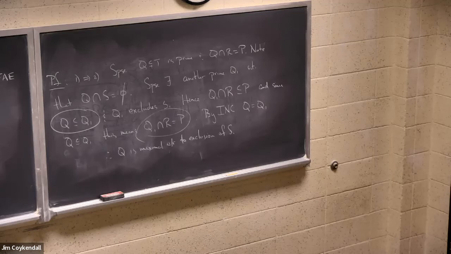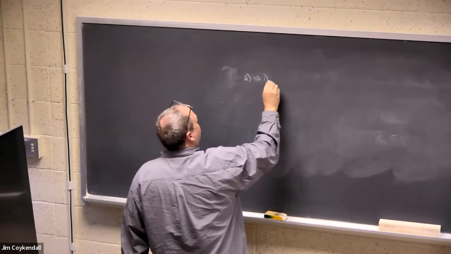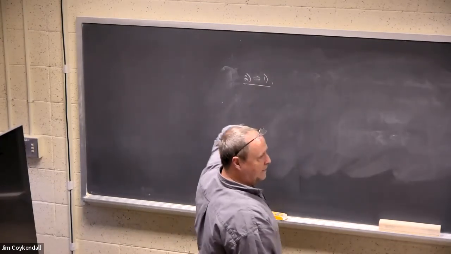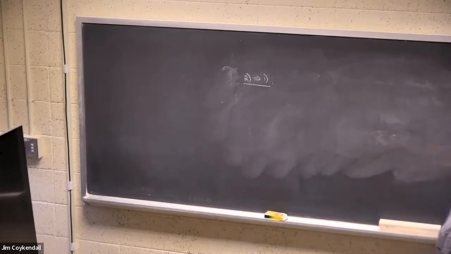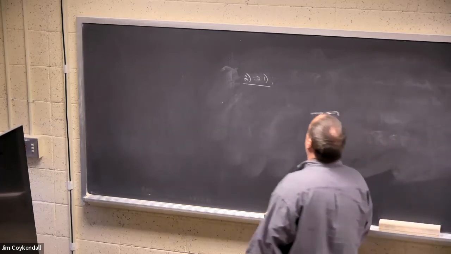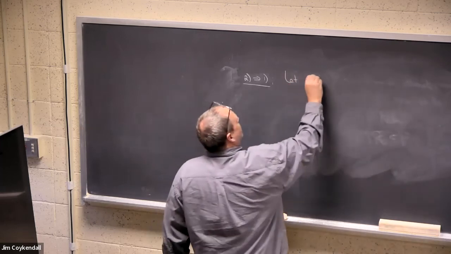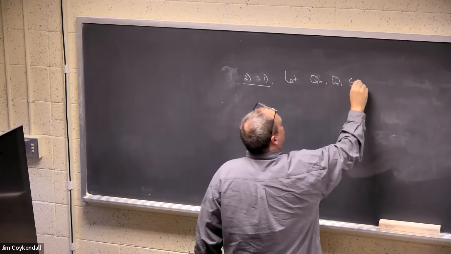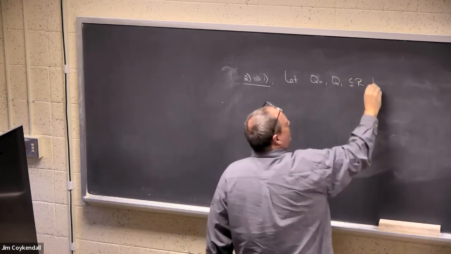For the other direction, for 2 implies 1, all right, so let's suppose we have the statement that if you have any prime contracting to a prime below, then Q is maximal with respect to the exclusion of that. Well, let Q0 and Q1 and R be primes.